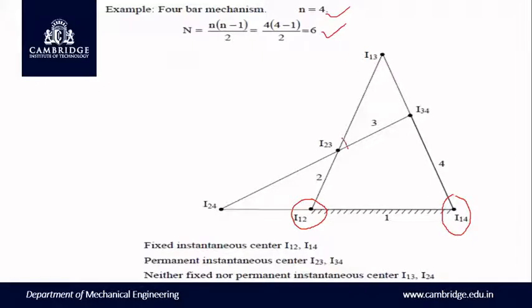Then we can consider I23 and I34 as permanent instantaneous centers because these are pin joints on the 4-bar mechanism. Whereas the instantaneous centers I13 and I24 will be neither fixed nor permanent instantaneous centers.